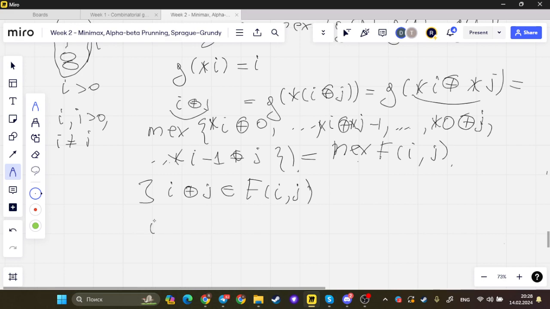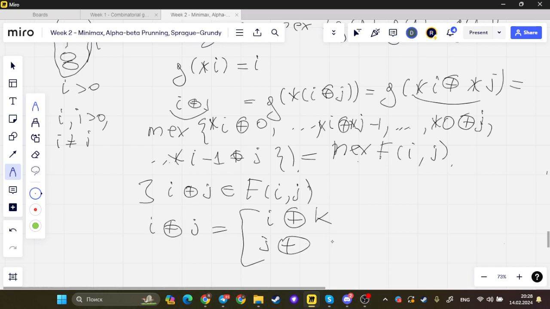So notice that it doesn't belong, because in this set we can get the sum from this or this.